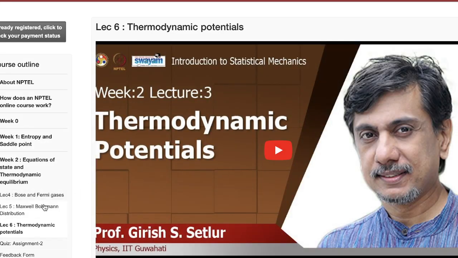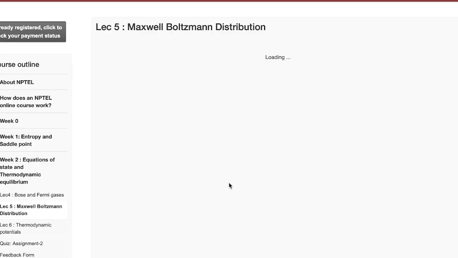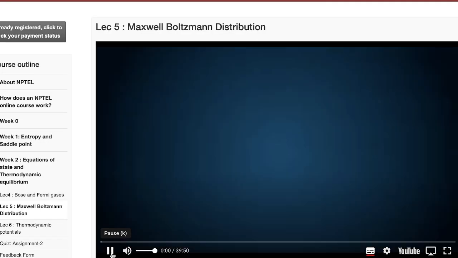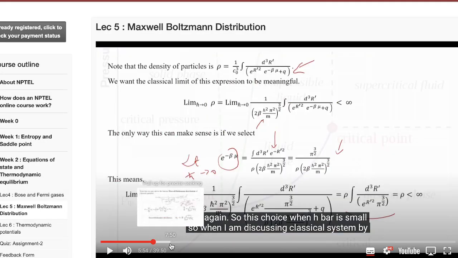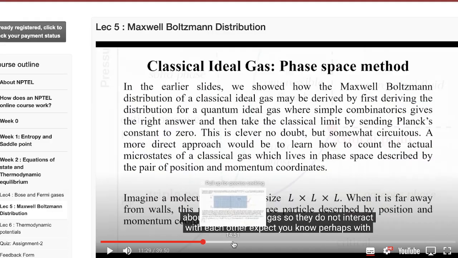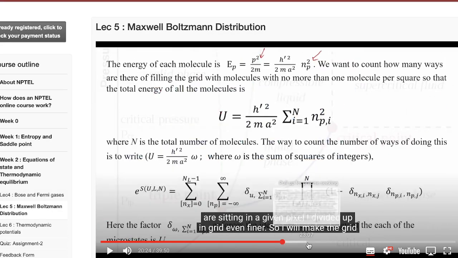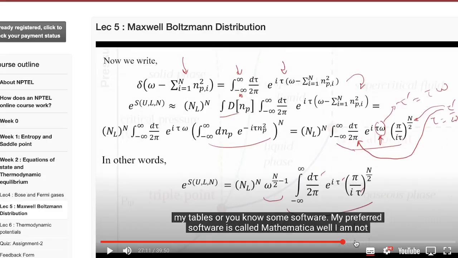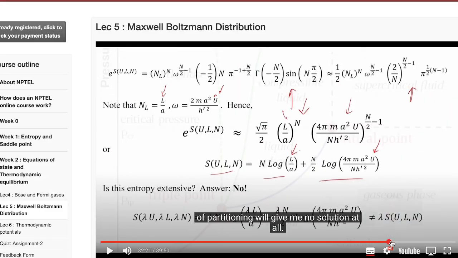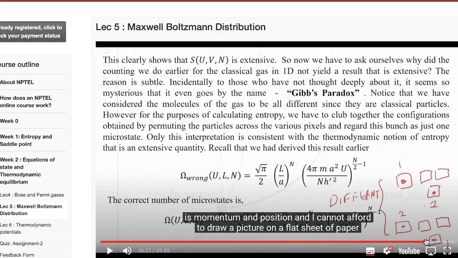Actually, maybe not. Okay, no, not in this phase-space method. Not here.